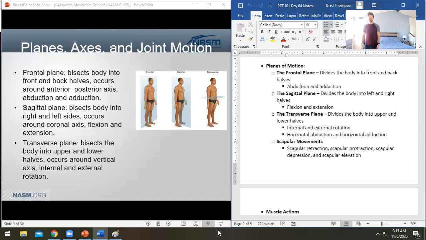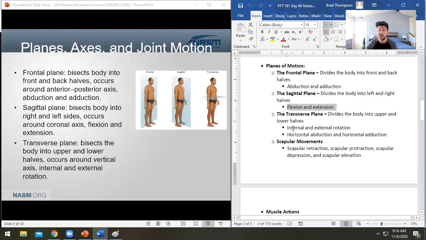So I've got hip flexion and hip extension, shoulder flexion, shoulder extension, elbow flexion, elbow extension, spinal flexion, spinal extension. So I'm moving along that plane of motion there. Again, the frontal plane is primarily responsible for abduction and adduction. The sagittal plane is primarily responsible for flexion and extension.